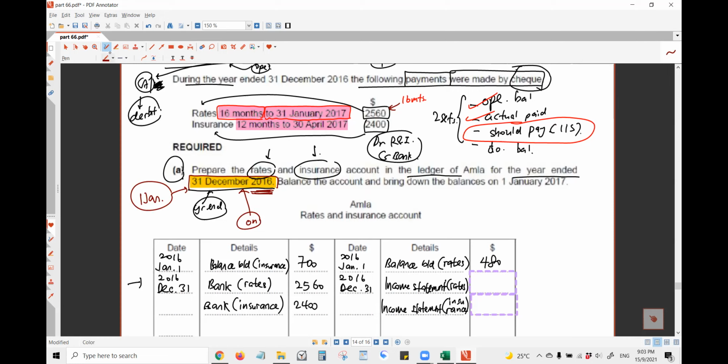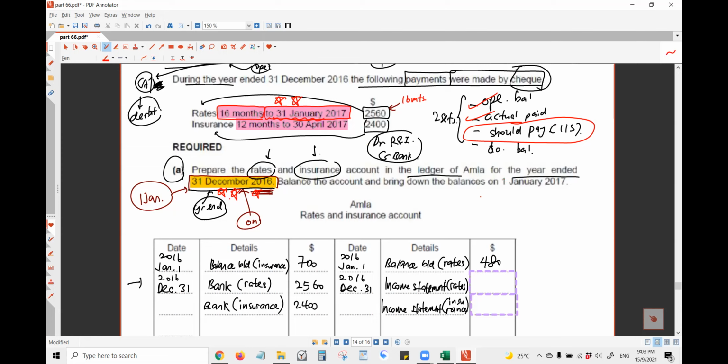How to see? You look at this date, look at the year end. AMLA has paid all the way until January 31st, 2017, which is 1 month extra beyond the year end. The year end is December 31st. Get what I mean? So it's an overpayment by 1 month.